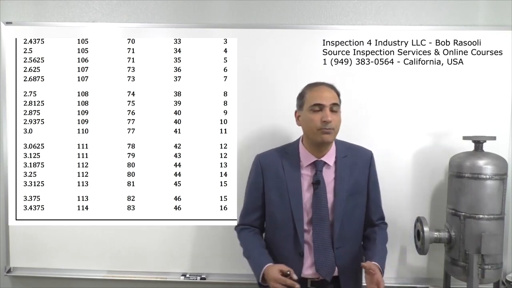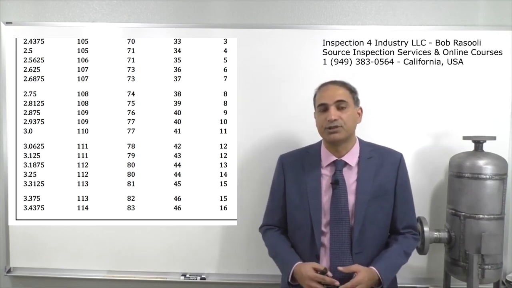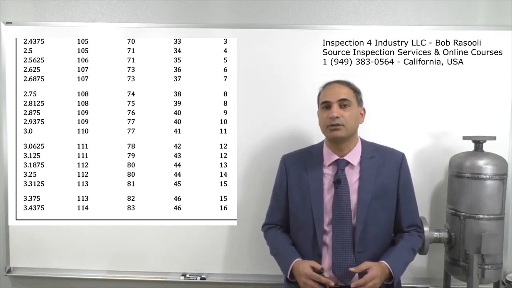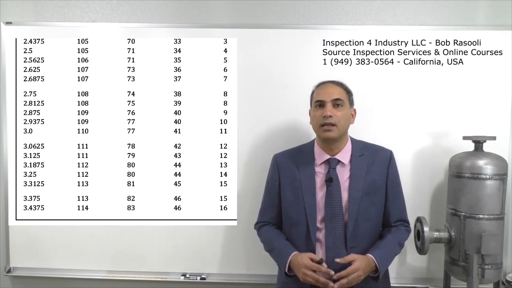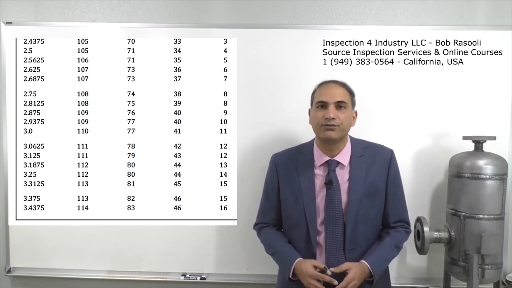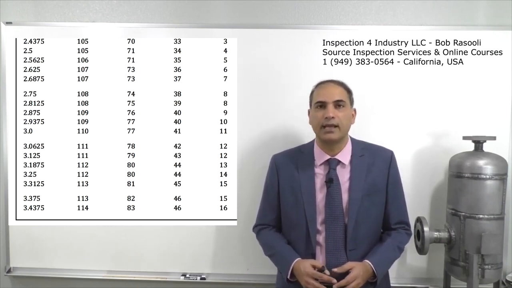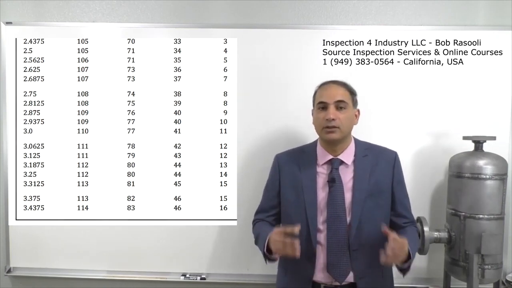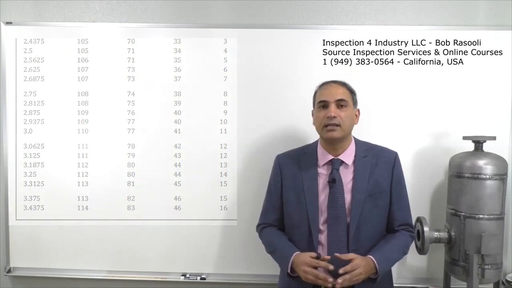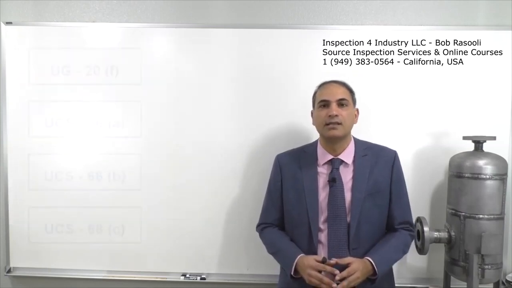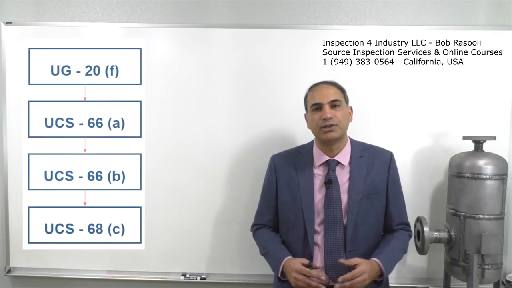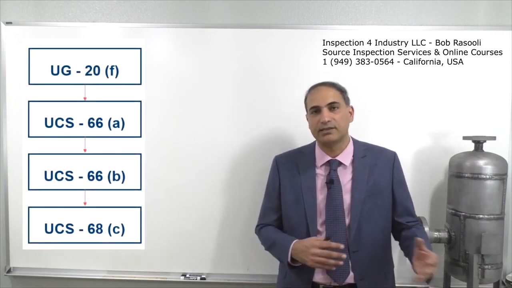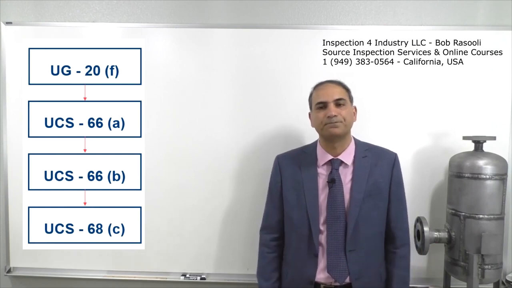Now we have to go to the next step to see if we can get exempted by UCS 66B, because we couldn't get exempted from UG-20F, and we couldn't get exempted from UCS 66A. Now we are going to try UCS 66B, which is a coincident ratio, a mix of calculation and assessment.